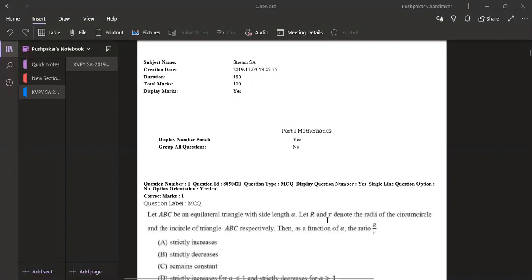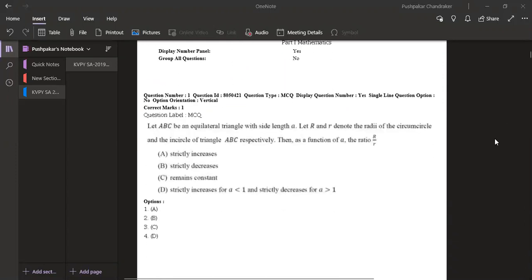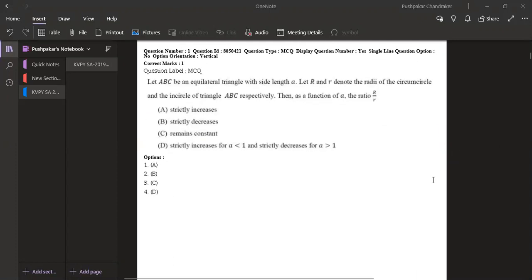So let us begin with question number 1. So here is given an equilateral triangle ABC with side a, and capital R and small r are the circumcircle radius and incircle radius.